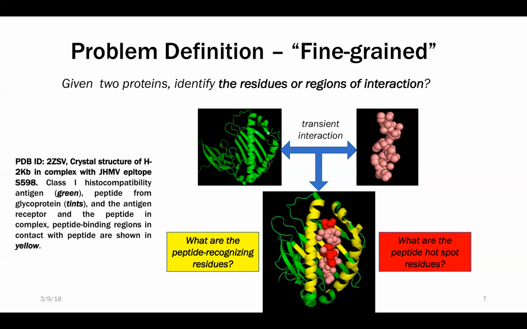Here is a visual illustration of that problem. The major histocompatibility protein is interacting with a peptide, and these yellow residues are the residues of interaction. Under this project, our target was to characterize these peptide recognizing residues.